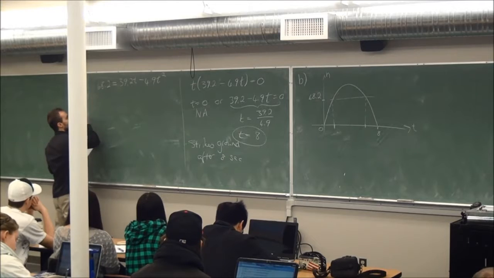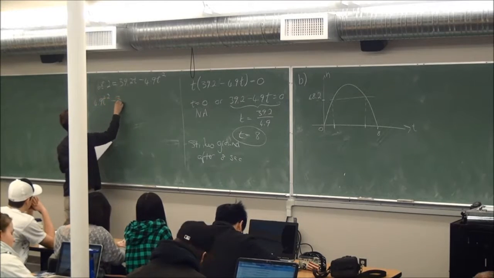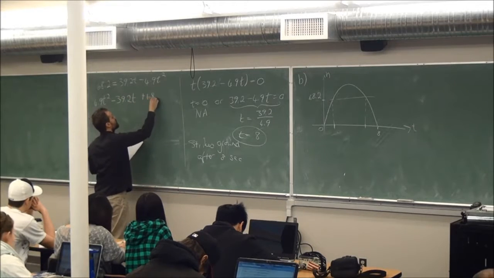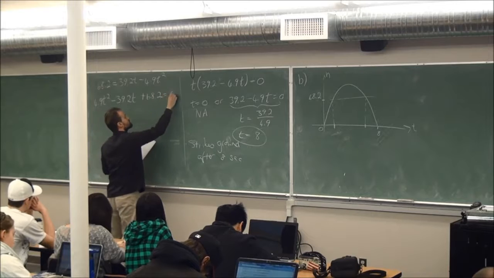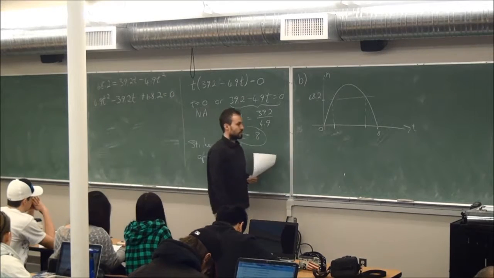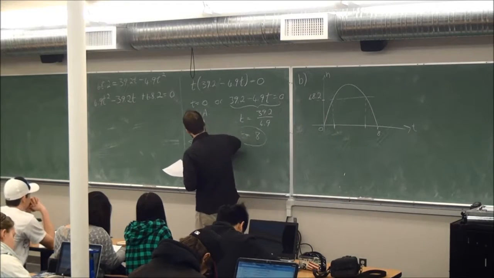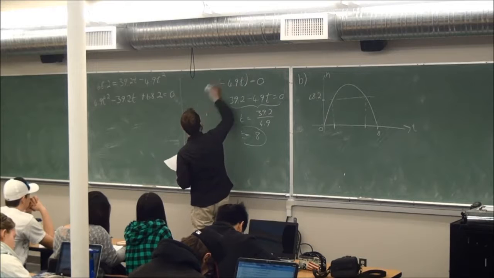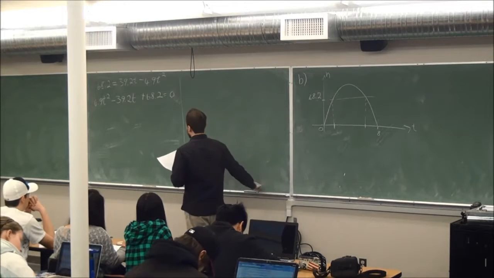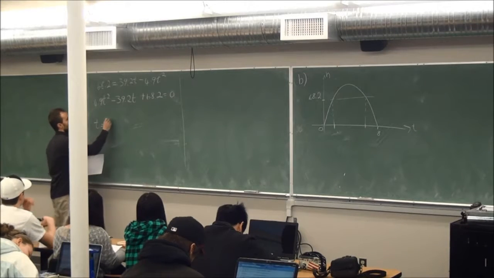So I move everything to the left to get 4.9t squared minus 39.2t plus 68.2 equals 0. And I'll let the quadratic formula do the work for me. I can't factor it right away, then I have the safety of the formula. And I'll have to plug it in and be careful in my calculations.